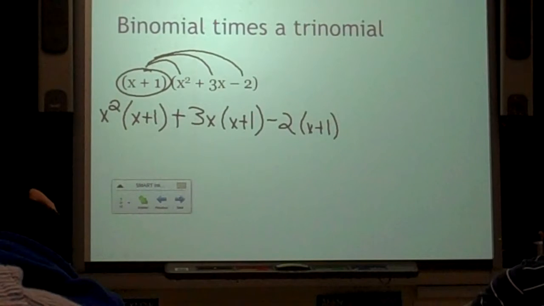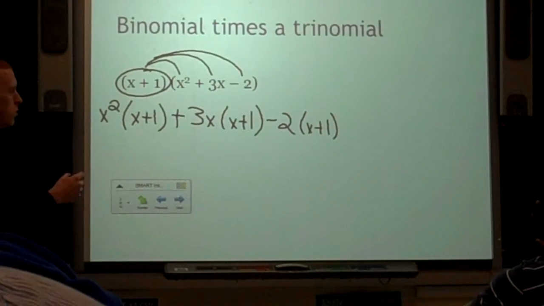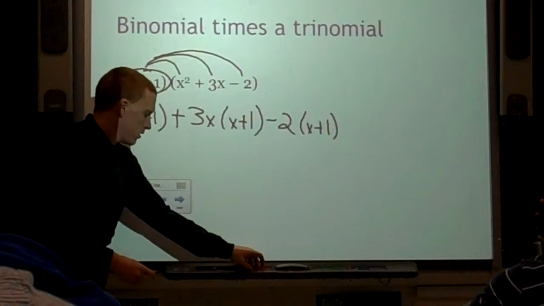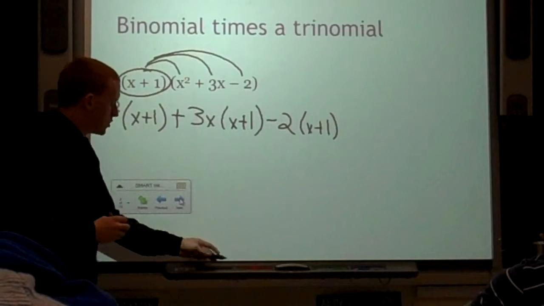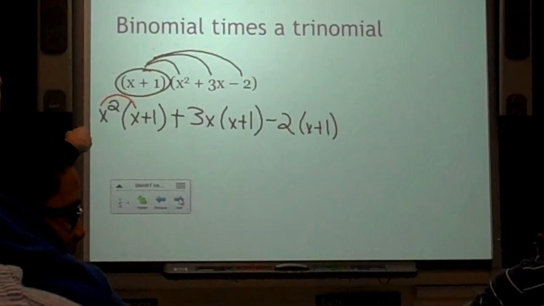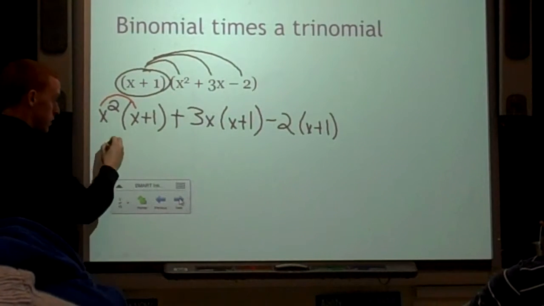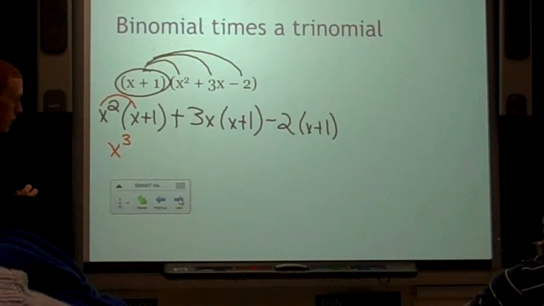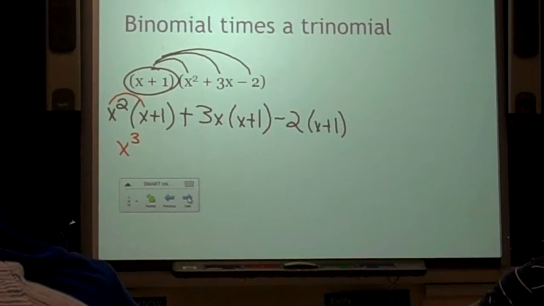Now let's go through the next distributing. So here, what do I get? I have x squared times x. What's x squared times x? X cubed, absolutely. Now why is that? We had the same base and we're multiplying.